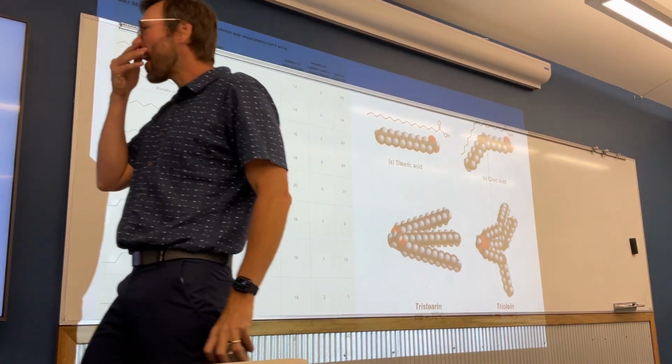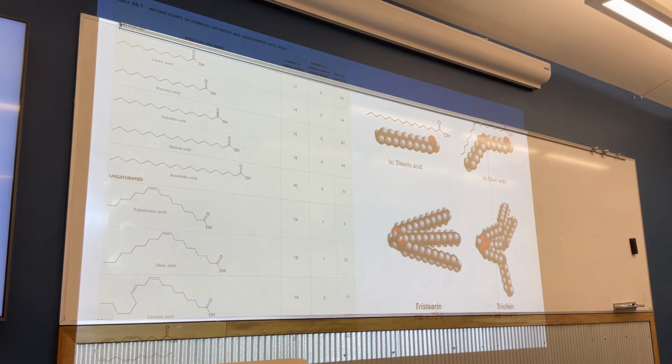Here are different fatty acids: lauric acid, myristic acid, palmitic acid, stearic acid, etc. You don't need to know these, but what I do want you to appreciate is the melting points. 2 things determine the melting points of these fatty acids.